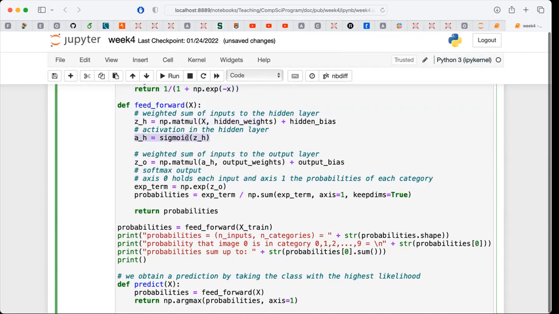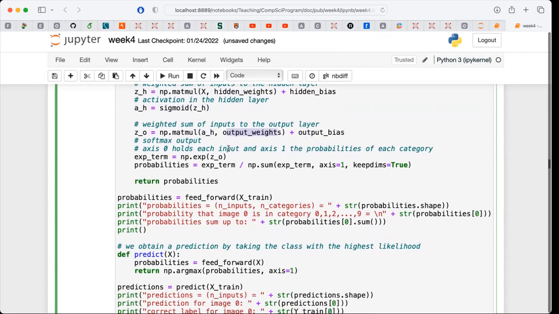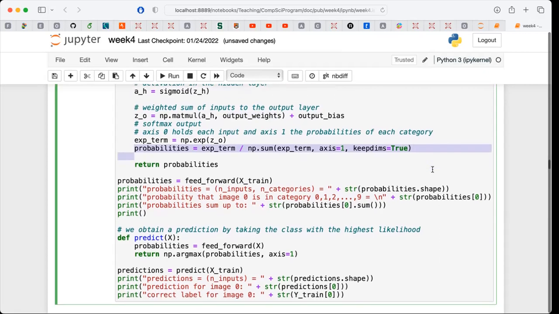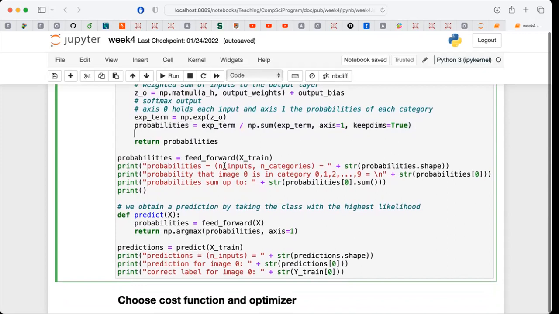So that produces an output. Then this output, which we have here, is then fed into the output layer. So we have an input there, and then we have the weights, which connect the hidden layer and the output layer. We have the output bias, and then we simply calculate the probabilities by the softmax function. This is the way I have coded the softmax function here. And that returns these probabilities. And then I can make my prediction.